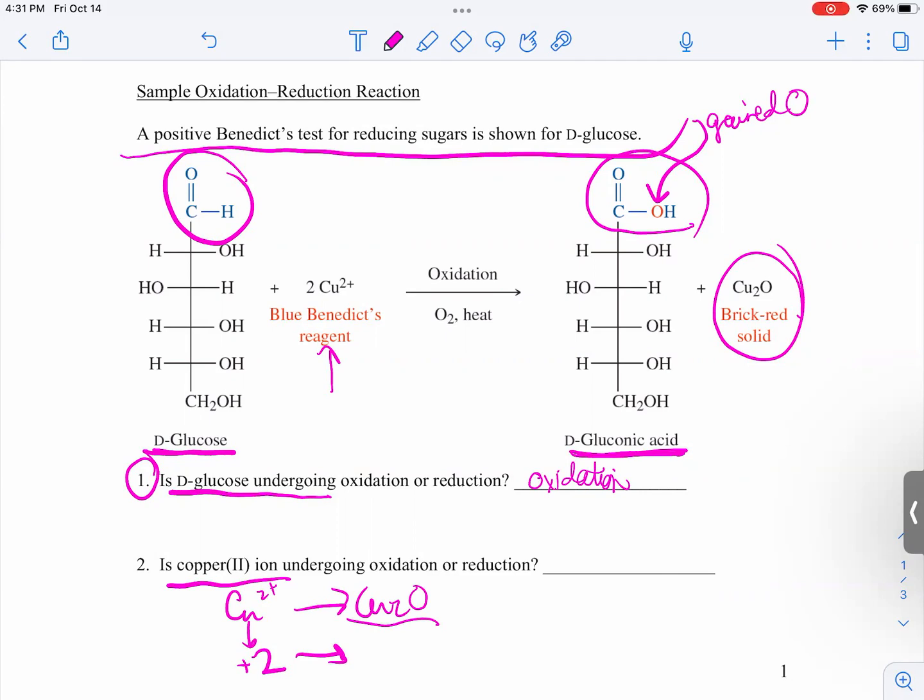If we have copper 2 and oxygen, then we know this was where our 2 came from, and our copper must have just been 1. So if copper 2 goes over and it's copper 1, that means it's going from very positive to less positive. So that means we gained 1 electron, so we were reduced. So that's reduction. Reduction happened.